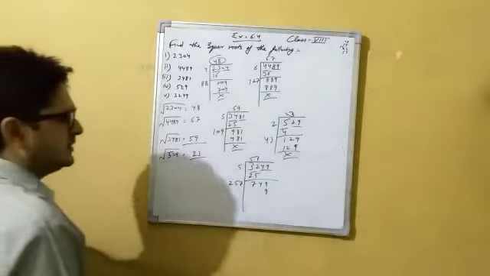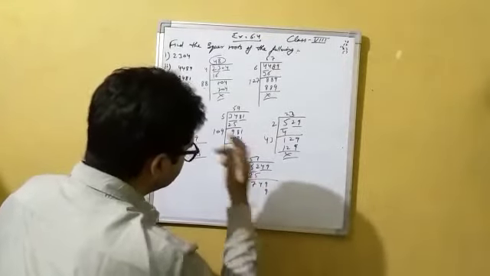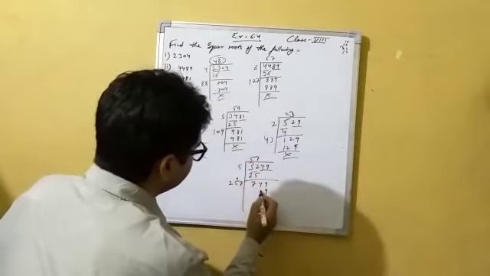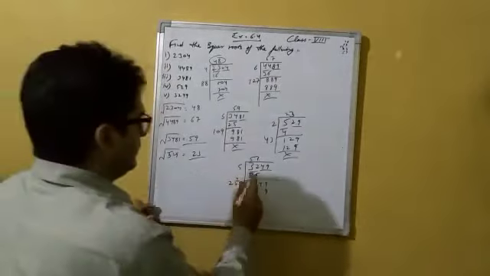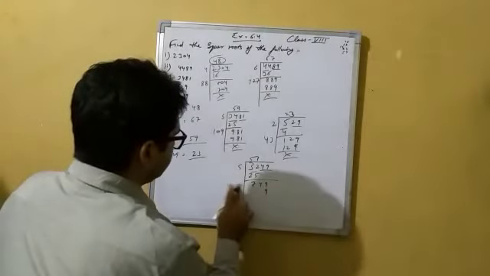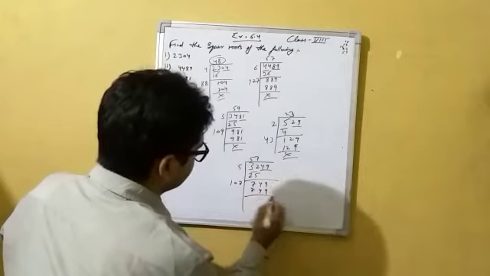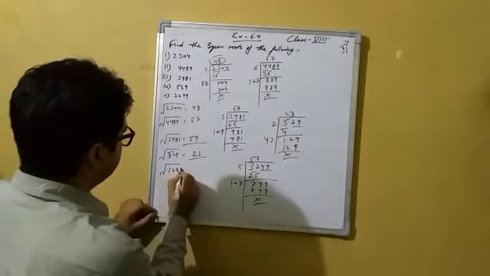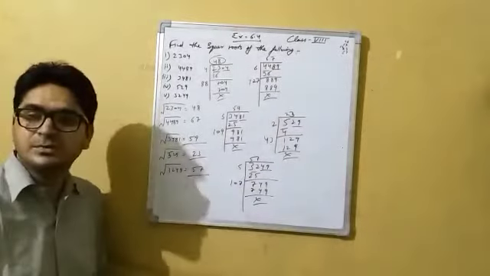So I am getting the answer that the square root of 3249 is 57. So we have done all these options.